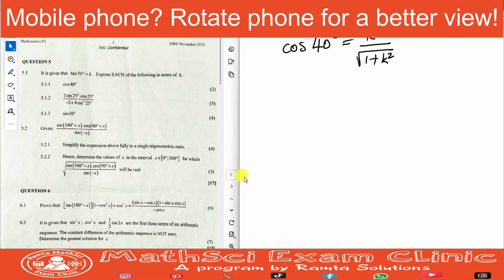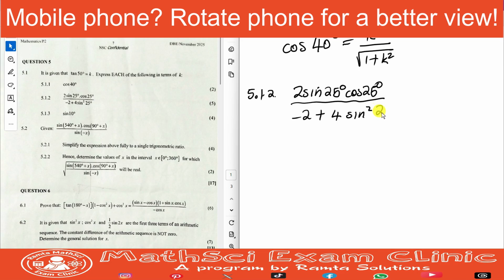When we move on now, we are looking at 5.1.2. We need to express 2 sine 25 degrees times cos 25 degrees all over negative 2 plus 4 sine squared 25 degrees.